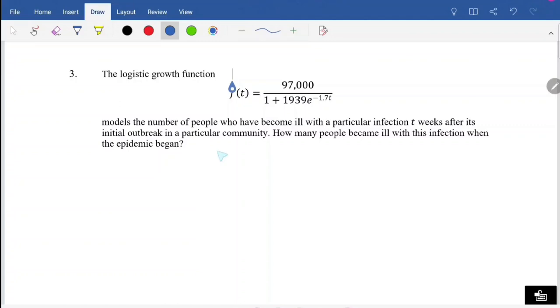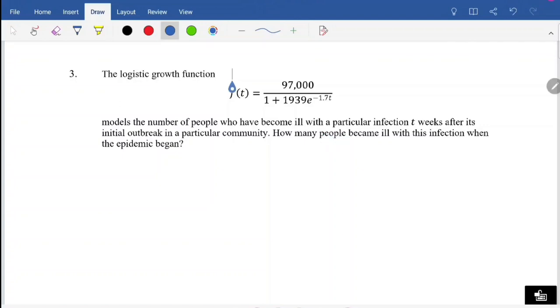The question is, how many people became ill with this infection when the epidemic began? So t over here is the number of weeks. It's a variable which represents the number of weeks since the first outbreak of the illness. Think about COVID.